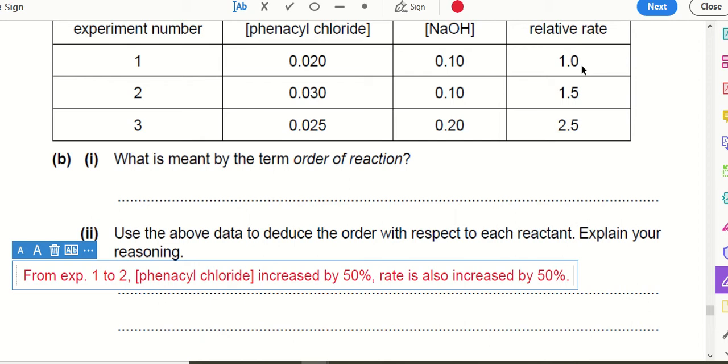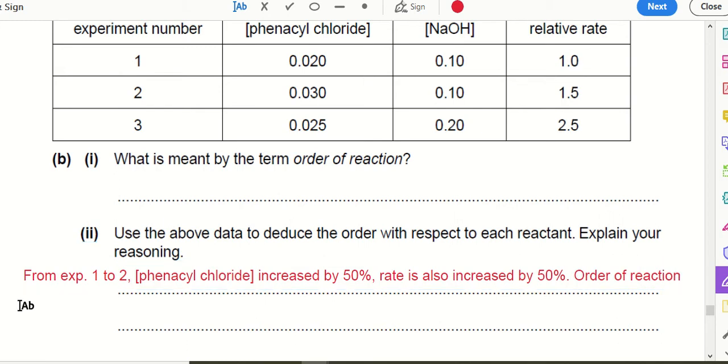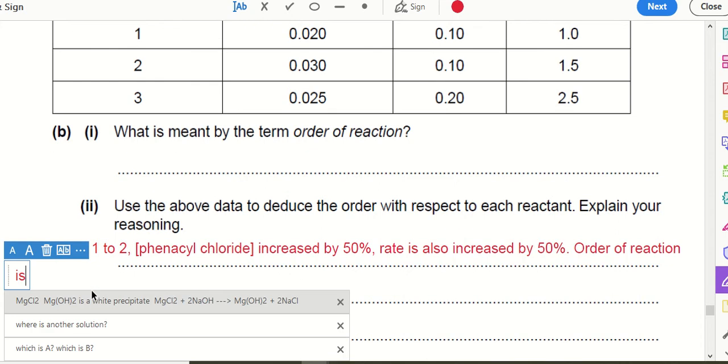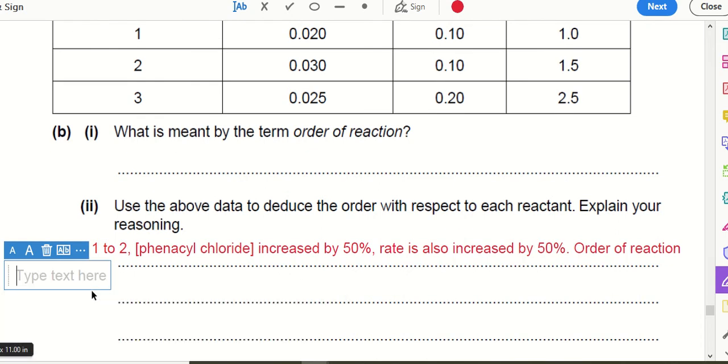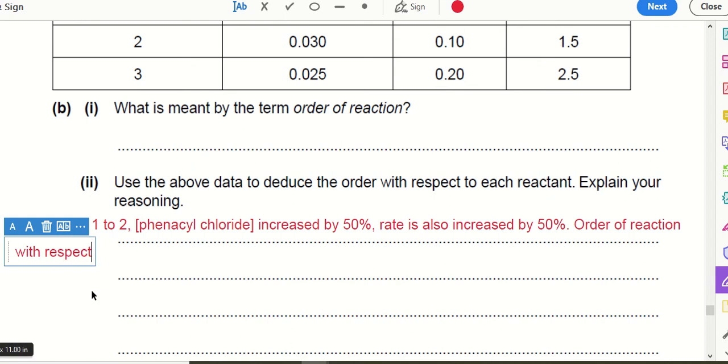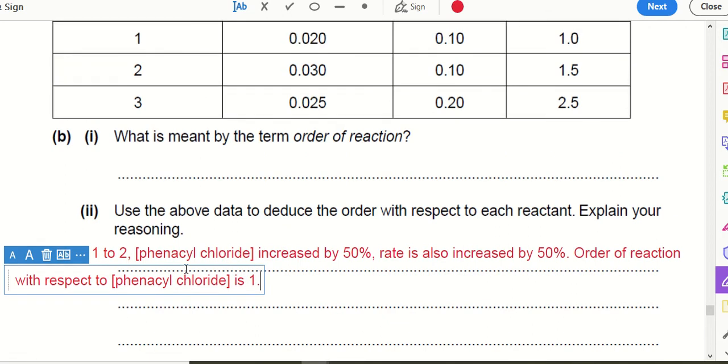So we can make a conclusion: the order of reaction with respect to phenyl chloride is 1. So first order reaction.